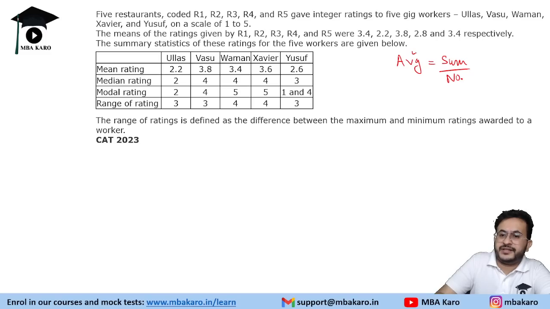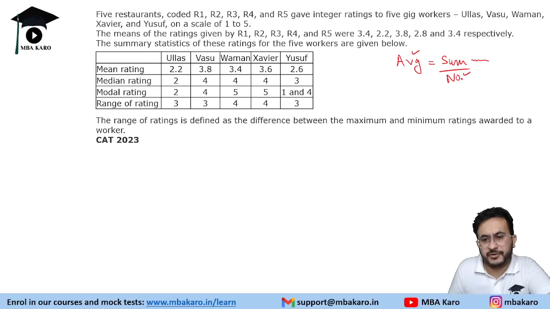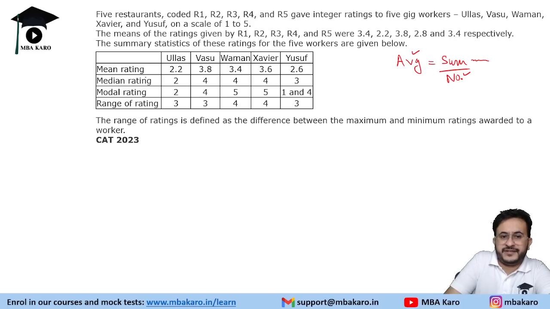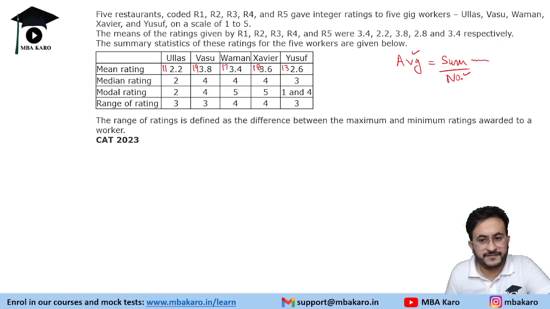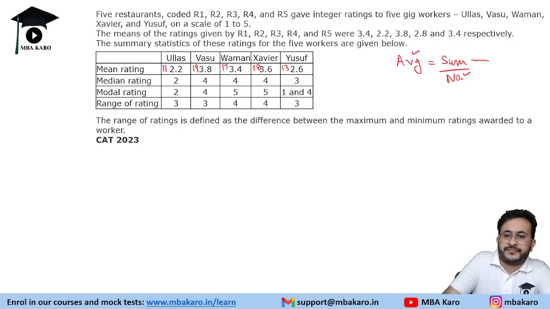And if you are given the average and the number of values, that means indirectly they have given you the sum of the values, isn't it? So we are given the mean rating, so we know that the total rating is already given to us. The total rating of all these five are given to us indirectly. Okay. Similarly, these totals are also given to us.